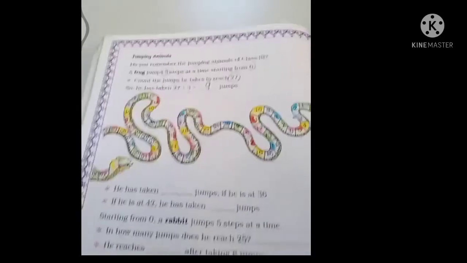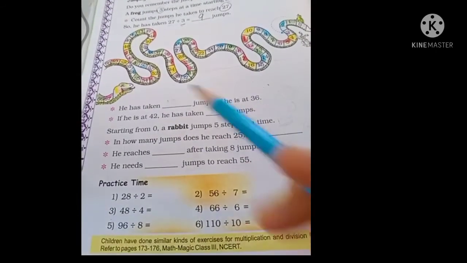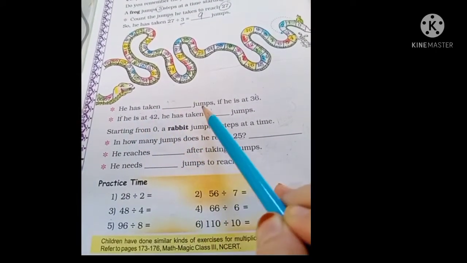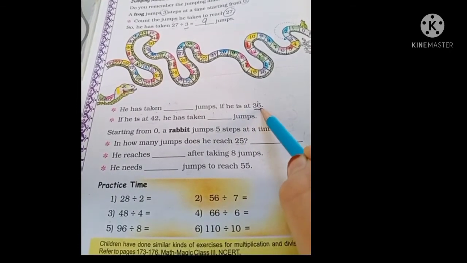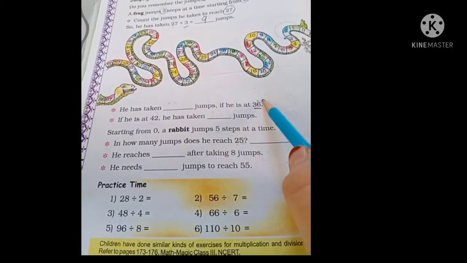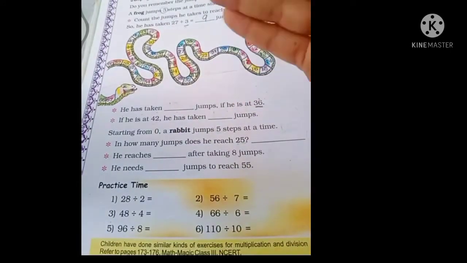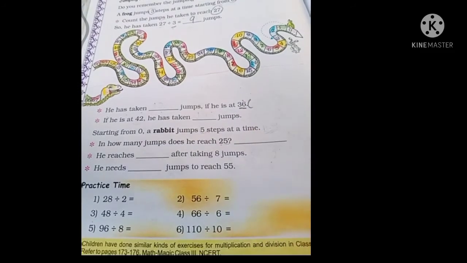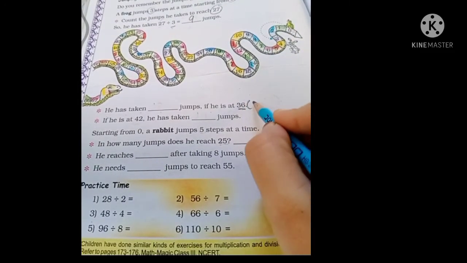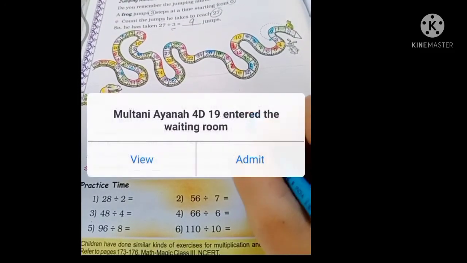Okay, now next, students: he has taken dash jumps if he is at 36, means if he has reached the number 36, how many jumps did he take if he is taking 3 steps each jump?